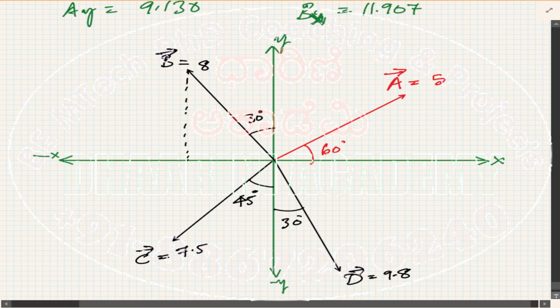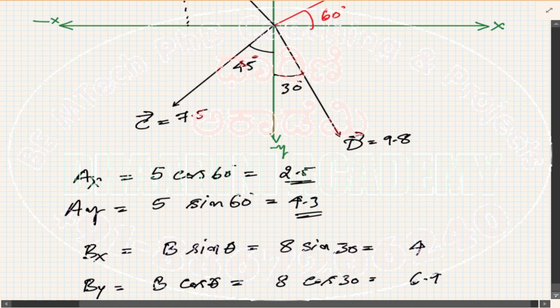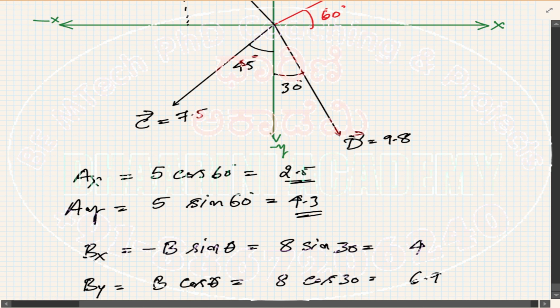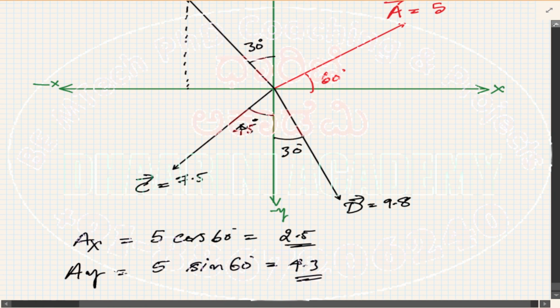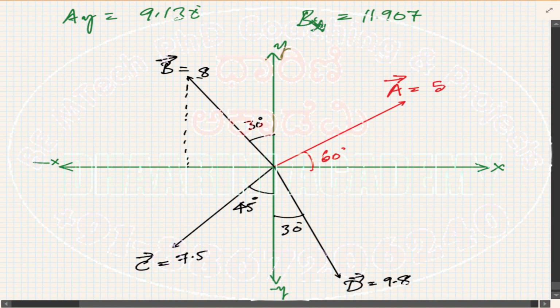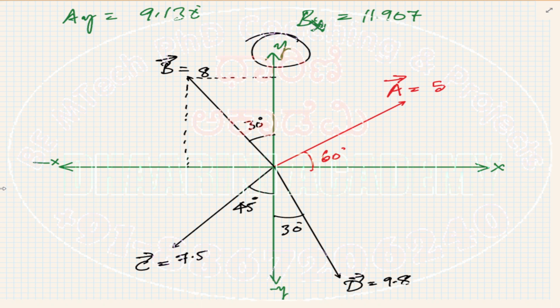So the bx component is negative: minus b sine theta, which is minus 8 sine 30, minus 4. Now the y component of b is along the positive y-axis, so you don't have to change the sign, it is positive.